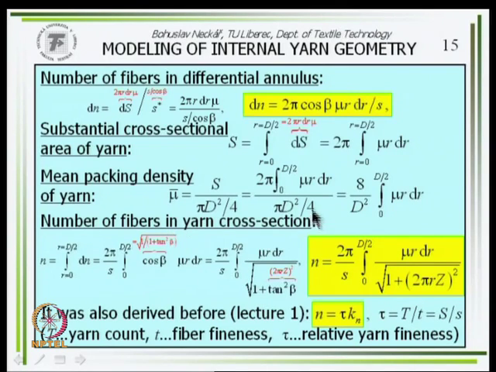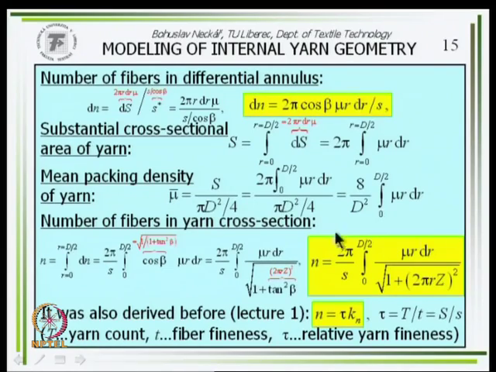The number of fibers in the yarn cross-section is the integral of dn, the number per one annulus, from r equals 0 to r equal d by 2. After using it, we use some geometrical formula which you know, 1 by cosine squared is 1 plus tangent squared. And after small rearranging, we obtain this here, because tangent beta is 2 pi r z, we said.